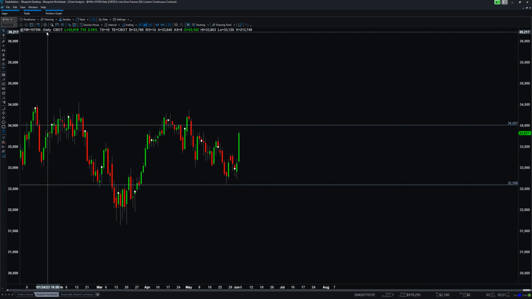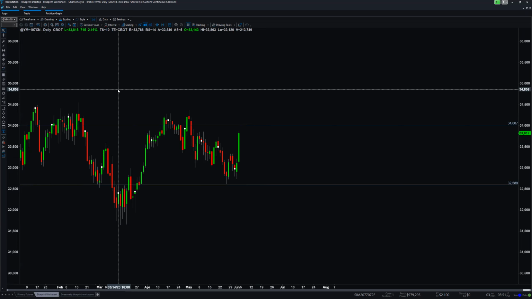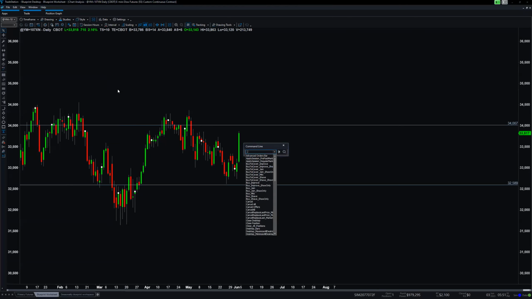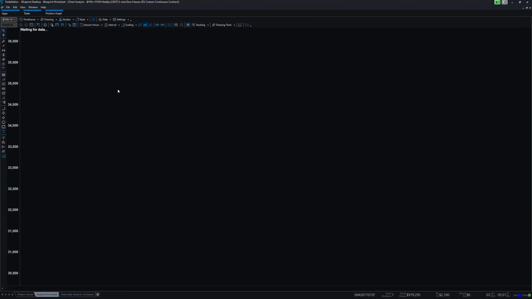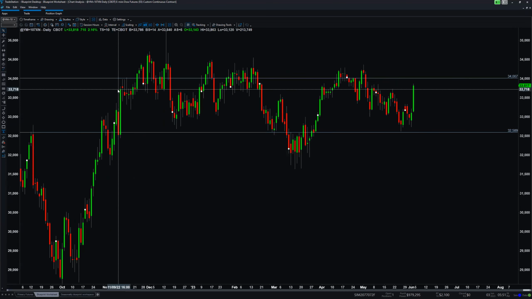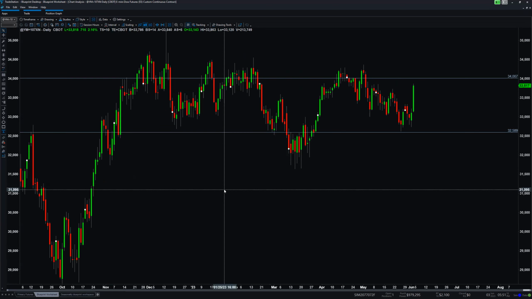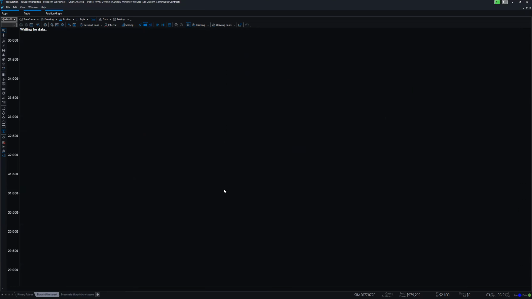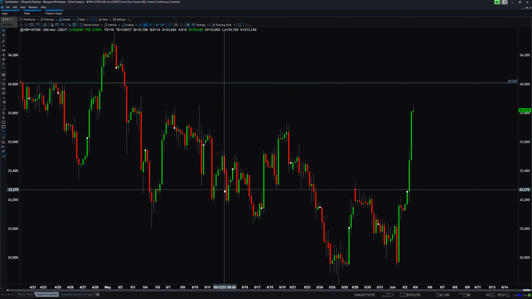If we're speaking about daily, anything where you have the dot before the time frame, so dot W, dot M, dot D, these are the time frames where you have to be less strict. Whenever you have an M after your time frame, so 240 minutes, whenever you're within the minutes realm, you're going to have to be a lot more strict on your sets of rules.